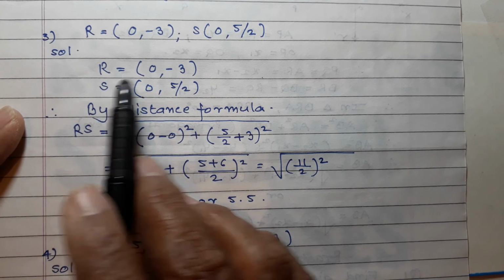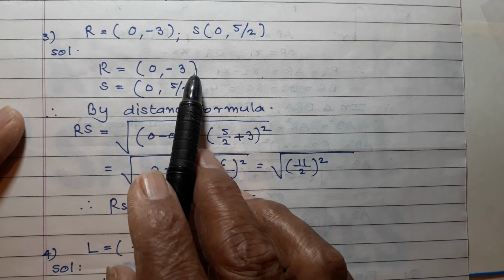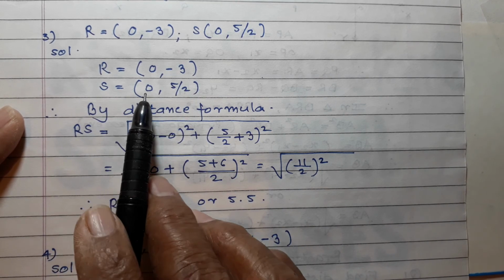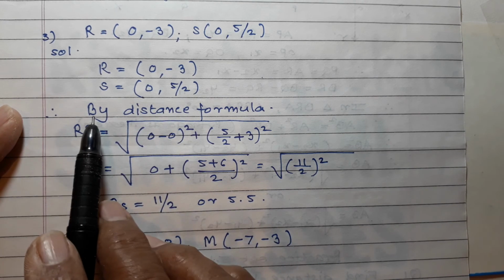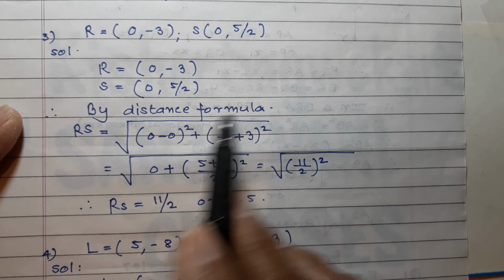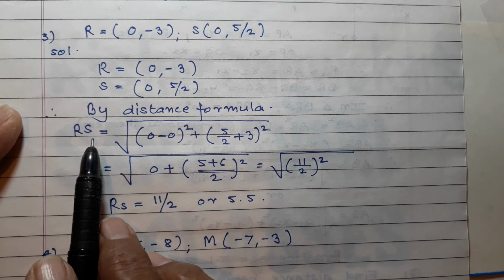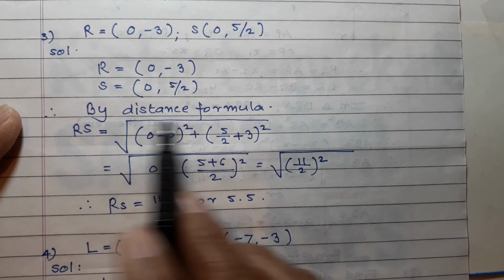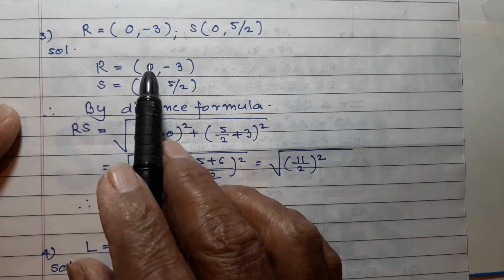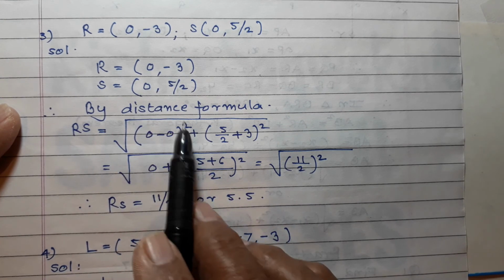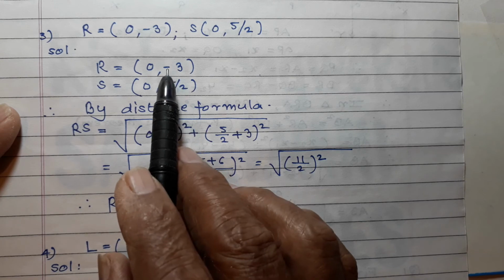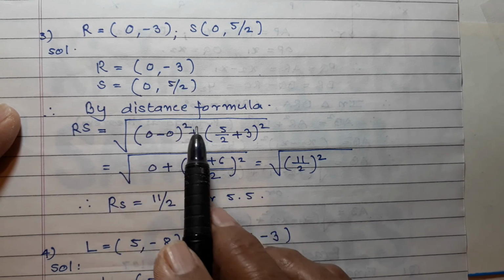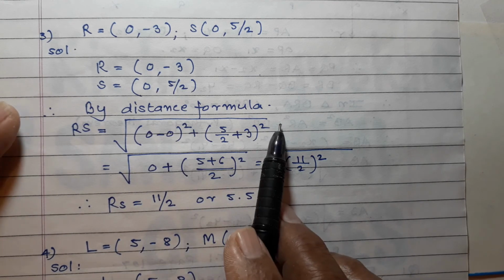So R is equal to (0, minus 3), S is equal to (0, 5 upon 2), and therefore by distance formula RS is equal to under root (0 minus 0) square plus (5 upon 2 minus minus 3, means plus 3) square.